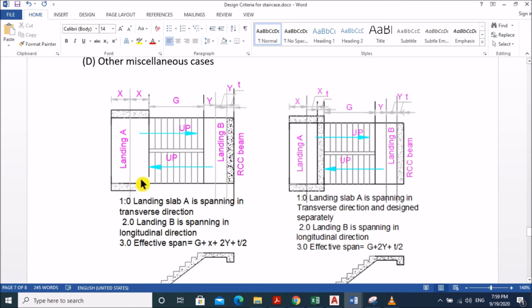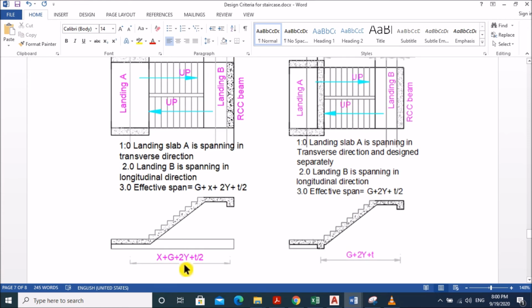Landing A is spanning across the flight. The effective span is G plus X plus 2Y because it is spanning along the flight, and T by 2 is to the central line of the support. X plus G plus 2Y plus T by 2.